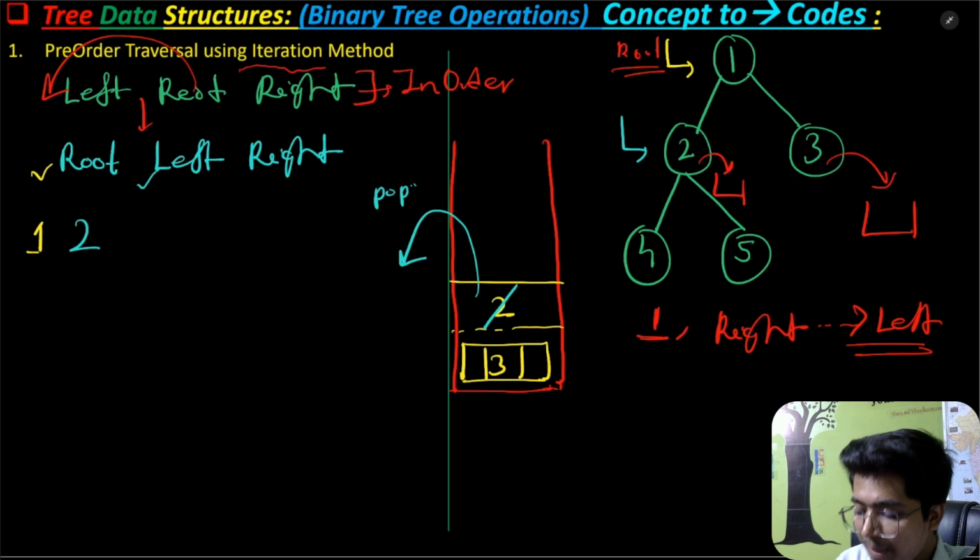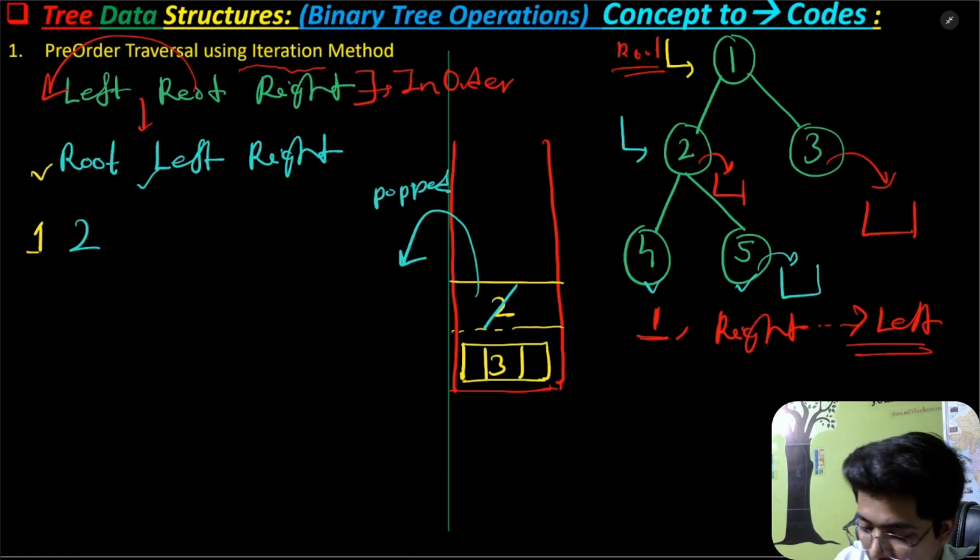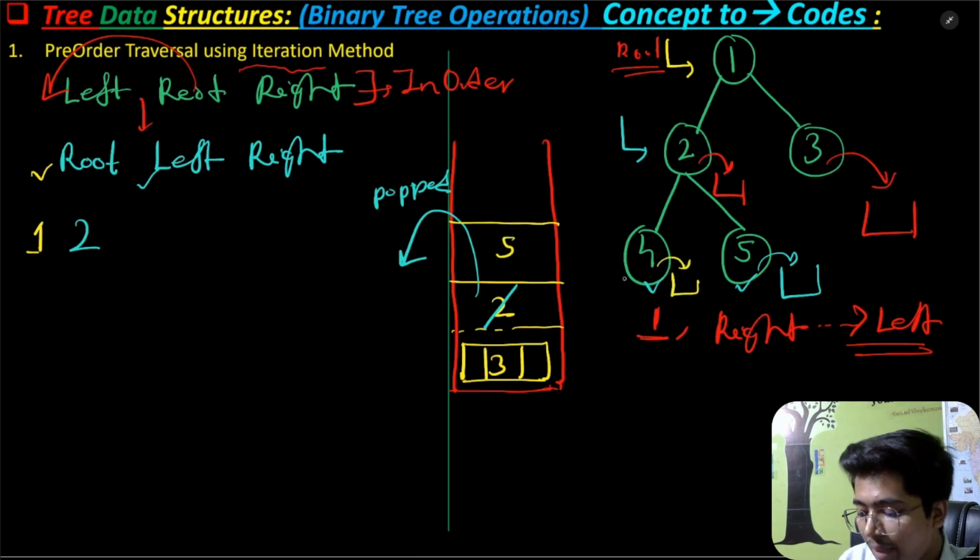Once we have popped the element 2, immediately we'll process its right and then left. First we'll process the right. So we'll be inserting the right like this. Right 5 will come here, and after this 5 we will also push this element into the stack.